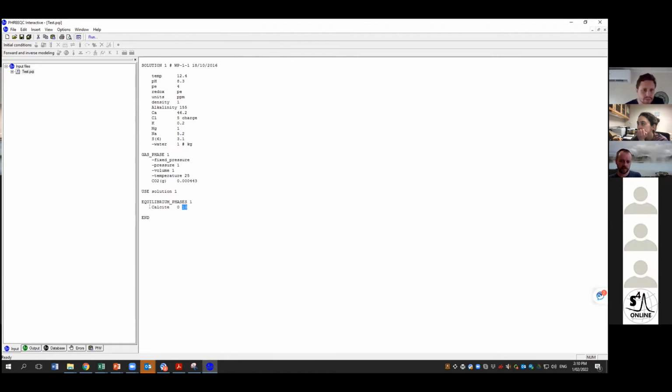So just to break down what this says here, it says calcite. Then the next number is the saturation index that we would like the water to find. So we're telling PHREEQC, find the solution composition that gives us a saturation index of 0, or at equilibrium.